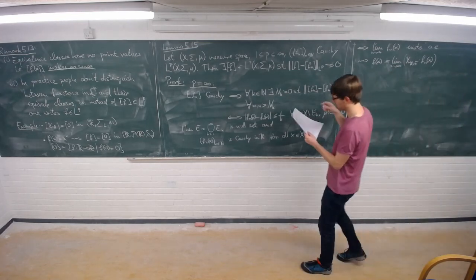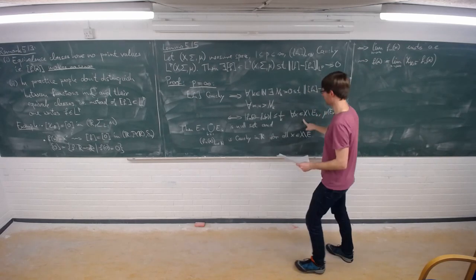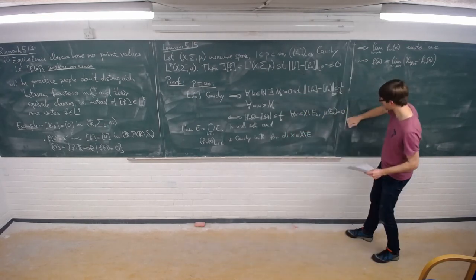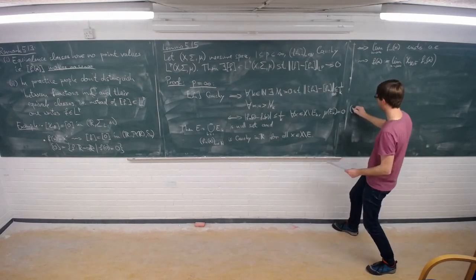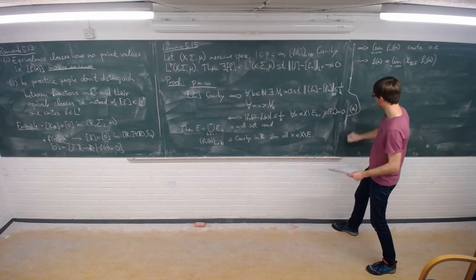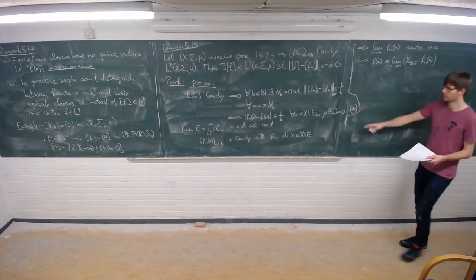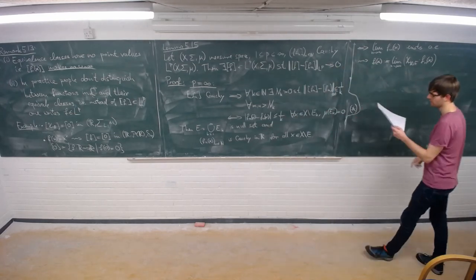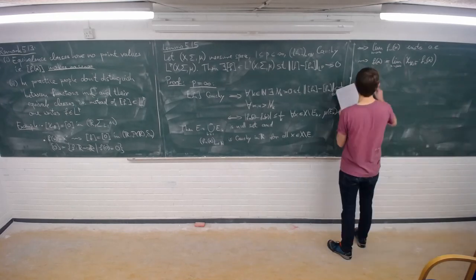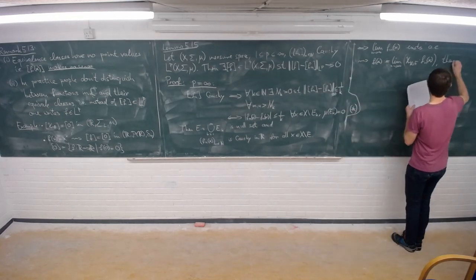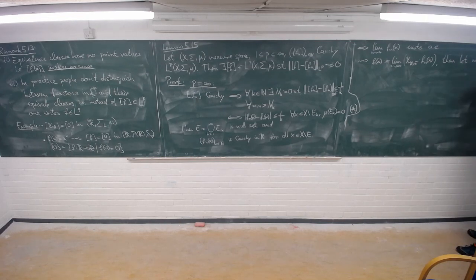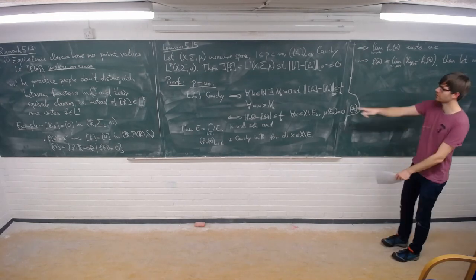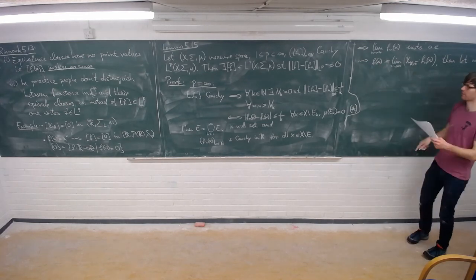Okay, and now we go back to this inequality. Fm minus Fn is bounded by 1 over k. We call this star. And now in this inequality, we let m tend to infinity. We can do this now because we have this limit function f.